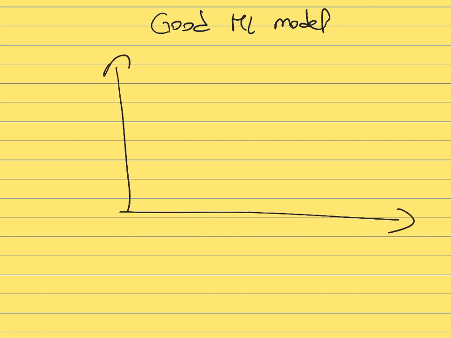So finally, let's finish by seeing what would be the learning curve of a good machine learning model, so an optimal machine learning model. In this case, what you would expect is that the learning curve will look like this. The learning curve will still be about plotting the error for the training set and the validation set as a function of the size of the training set.